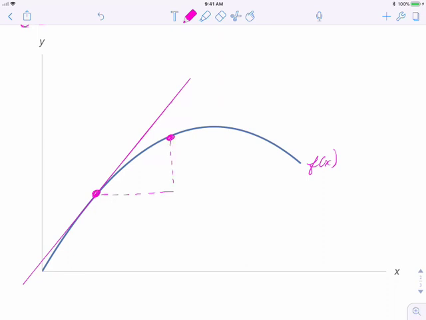The horizontal distance is delta x, the change between the x-coordinate that we started at and the x-coordinate at this new point. The vertical distance is delta y, the change from the y-coordinate of the original point to the y-coordinate of this new point.